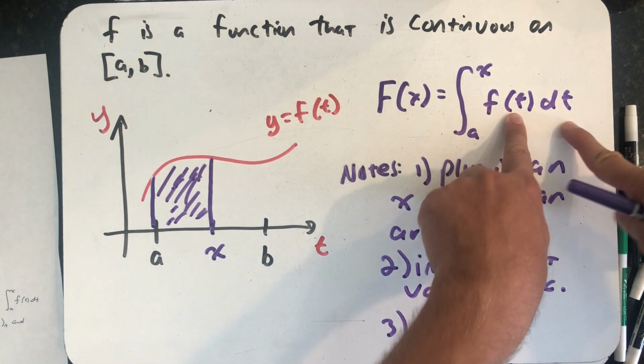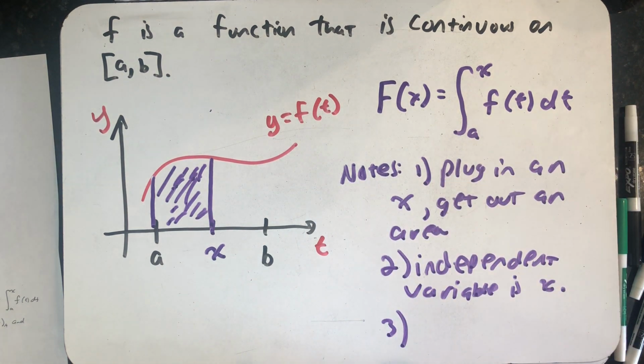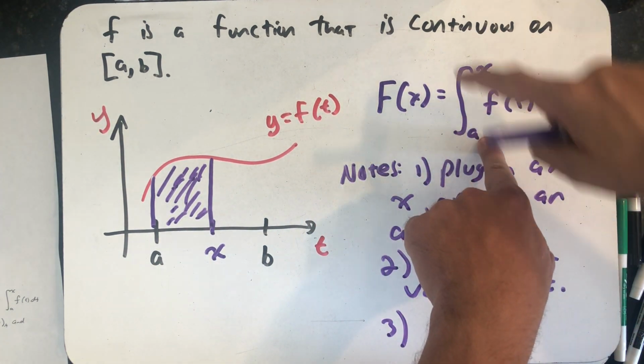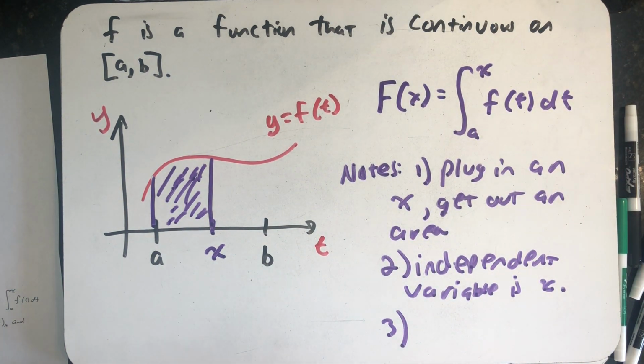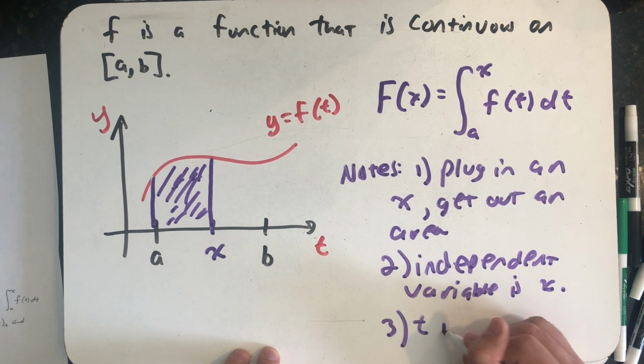This variable t is not the independent variable, right? It's just kind of holding a place in my definite integral, because I plug in an x, I evaluate the definite integral, and I get an area. And for that reason, the fact that calling that variable t doesn't really matter, we call t a dummy variable.